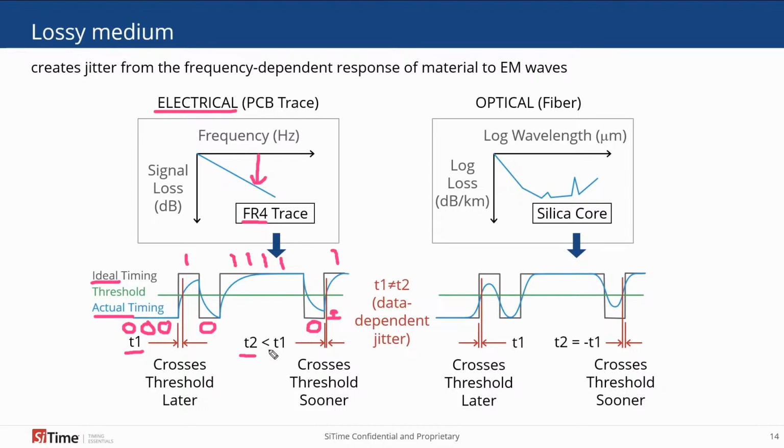On the optical side, we also have a frequency-dependent loss characteristic, although we have a couple of local minima here at 1330 and 1550 nanometer. That's generally where we like to operate our lasers. Whether it's a laser itself or a laser diode and LED, there are always multiple wavelengths that come out as a light source. You never just have one wavelength.